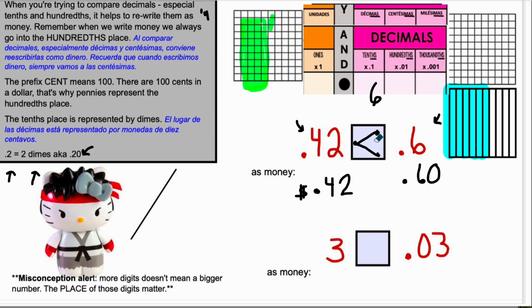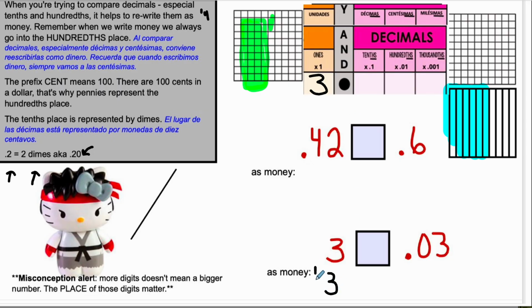We have the number 3, and we have the number 3 hundredths. Well, with 3, there's an invisible decimal there. It's just 3 wholes, and we would say that as 3 whole dollars. So in money, I would say $3 and 0 cents. Cool beans. Right over here, we have 3 hundredths.